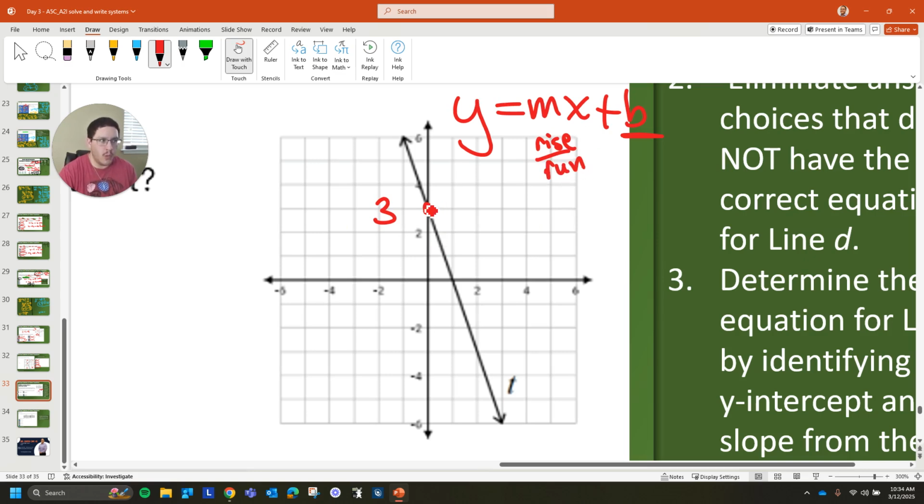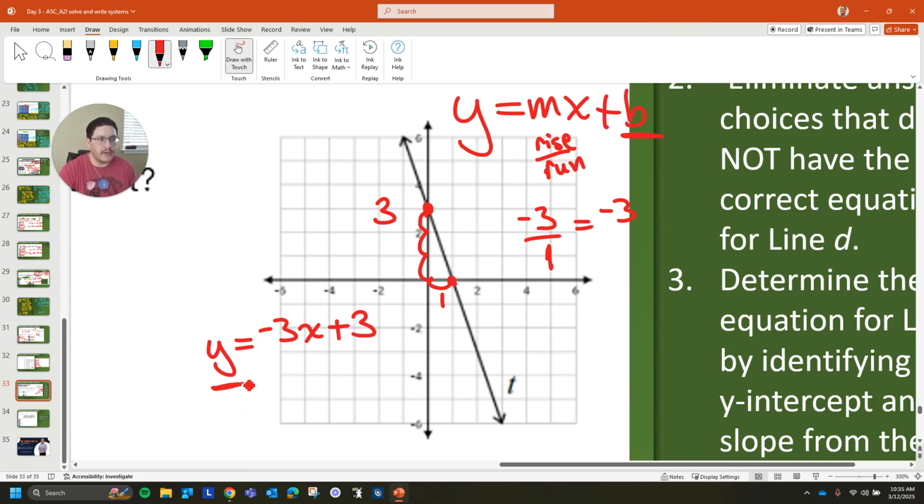So starting from one nice point going to the next nice point, what is my slope going to be? Well, my rise is actually going 1, 2, 3 down, and then over 1. Negative 3 over 1, which is just negative 3. Therefore, my equation for line T is going to be y equals negative 3x plus 3.